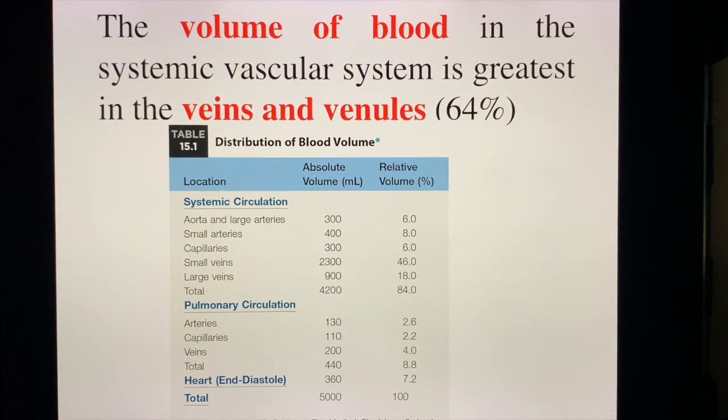So the volume of blood in the systemic vascular system is greatest where? In the veins and the venules. So your reservoir of blood is found in the veins and the venules.